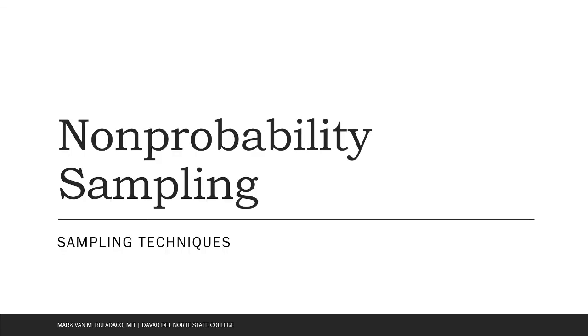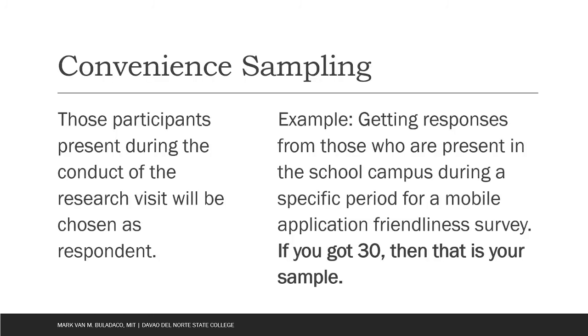Next is non-probability sampling. One type is convenience sampling. In convenience sampling, it's one of the weakest sampling techniques. Those participants or respondents or elements that are present during the conduct of the research visit will be chosen as respondents.